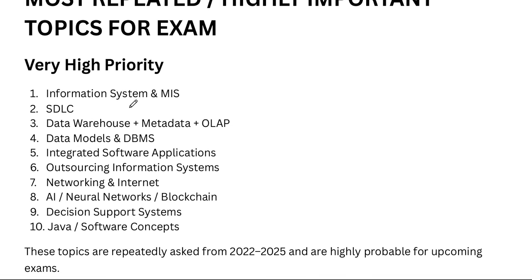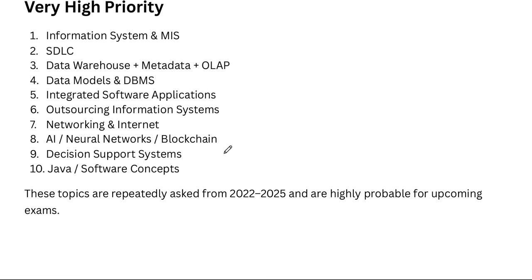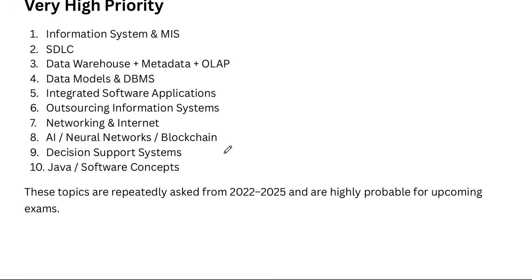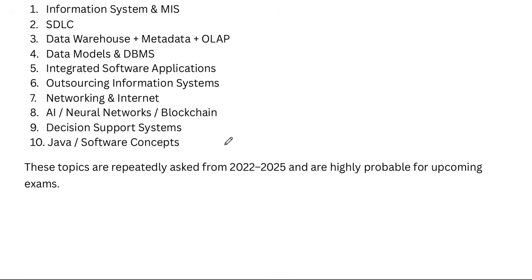The first one is information system and MIS. Next one is SDLC. The third one is data warehouse plus metadata plus OLAP. Fourth one is data models and DBMS. Fifth one, integrated software application. Sixth one, outsourcing information systems. Seventh one, networking and internet. Eighth one is artificial intelligence, neural networks, blockchain.